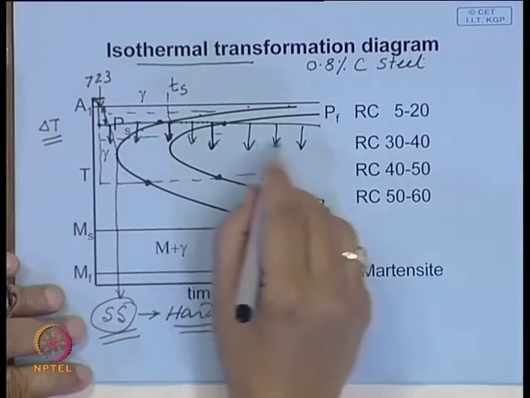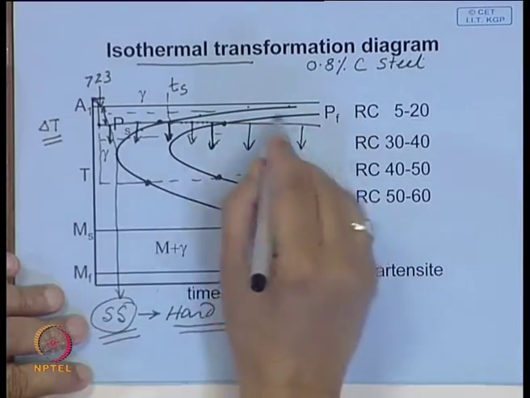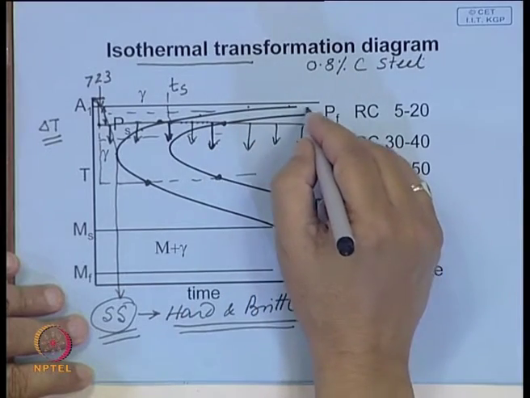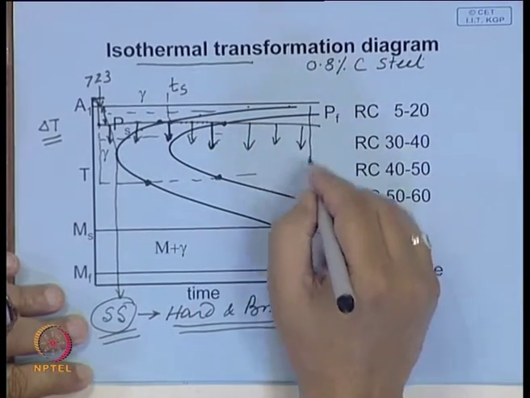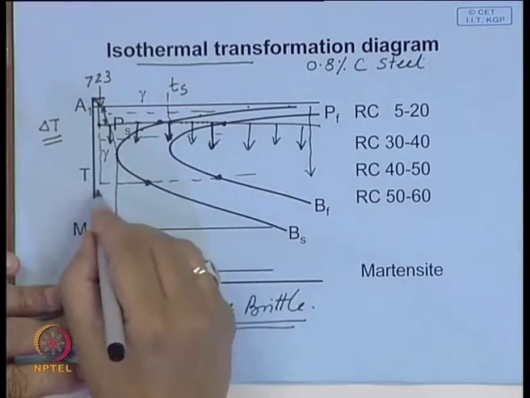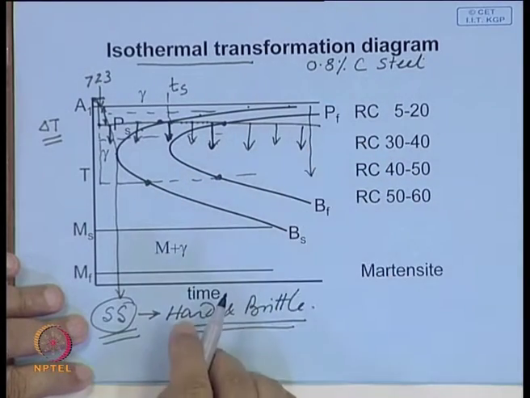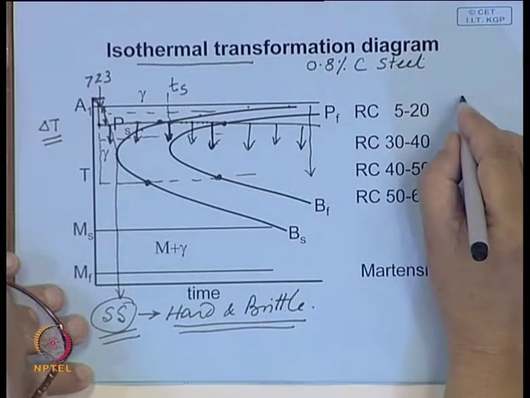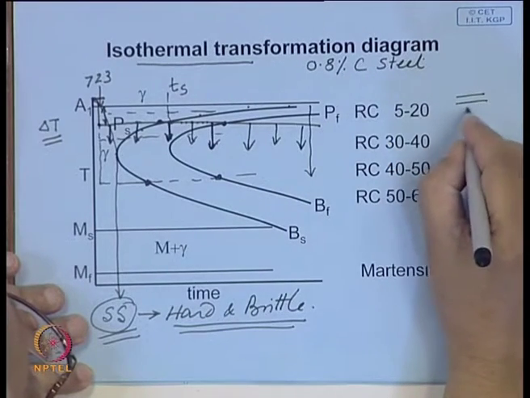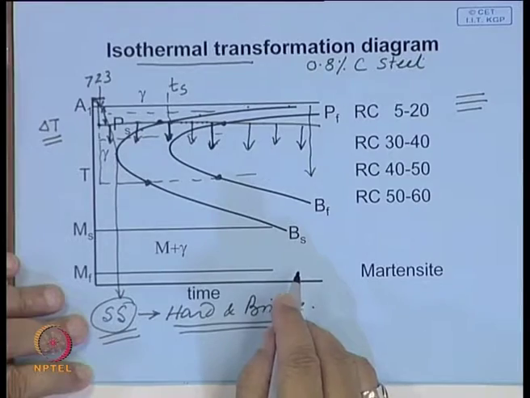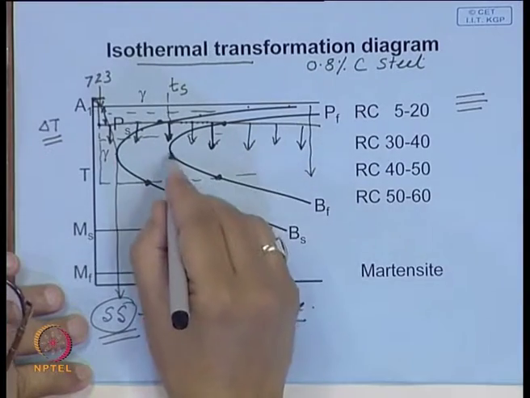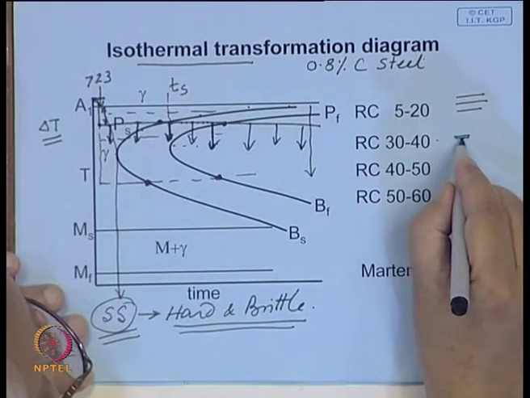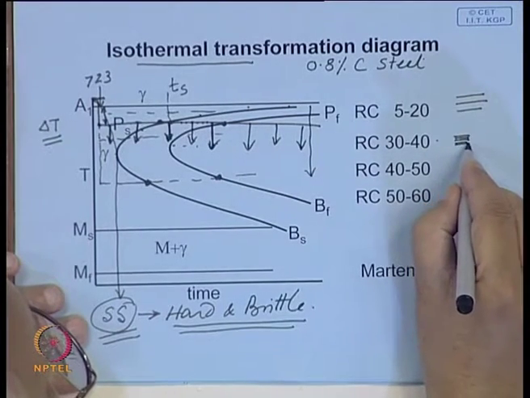And we have also seen that the structure that you get becomes finer as the transformation temperature goes down. Here it is a little coarse perlite. Coarse perlite means these lamellae are wide apart, whereas if you are cooling somewhere here, these lamellae are much finer.